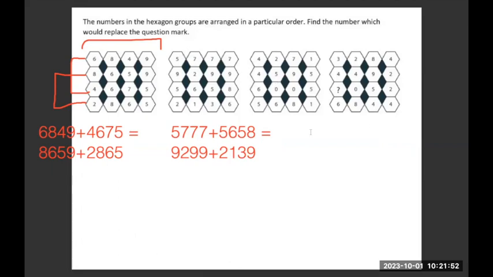So in the last case, it will be 3284 plus 4492 will be equal to, I'm just writing x, I'm not writing the number, x plus 6844.